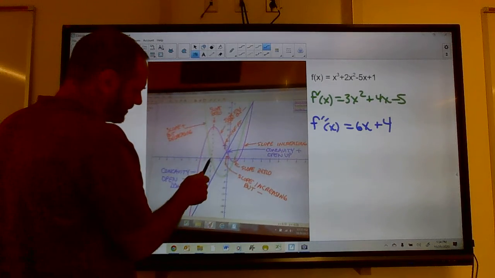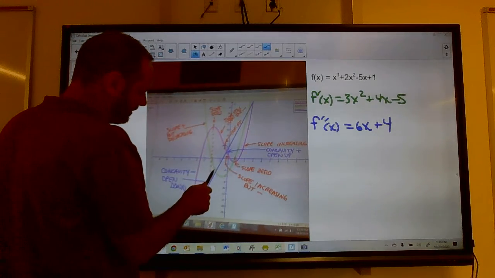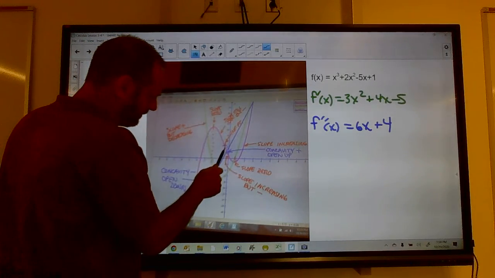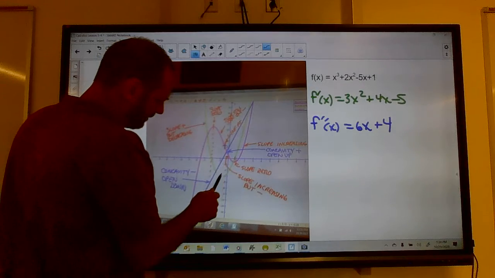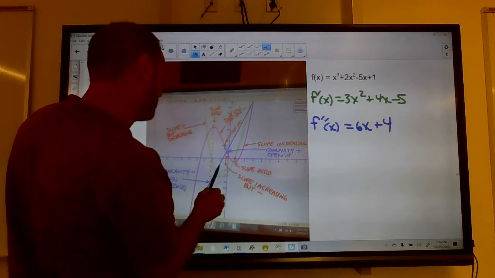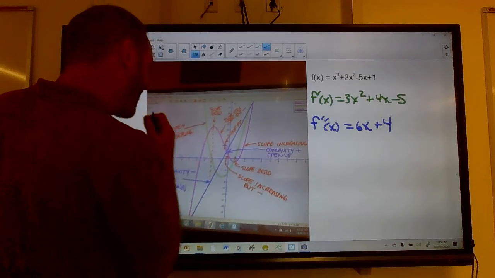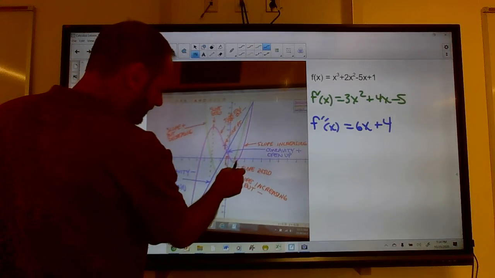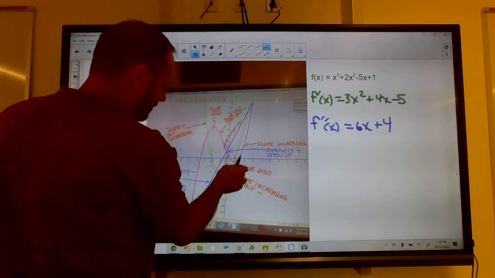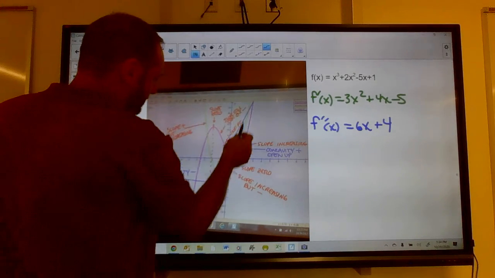Then the slope turns negative, until it reaches 0 again right here. There's the slope of 0. Now it's positive again. Now the slope is positive. It's going back up.